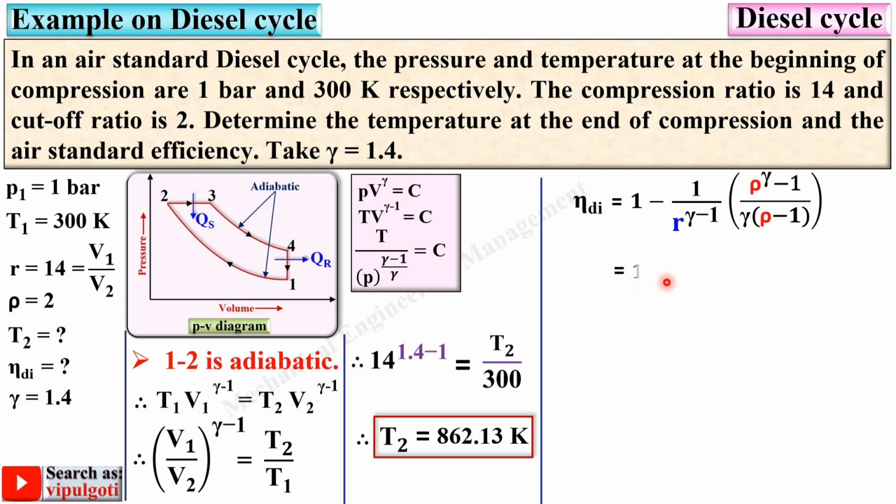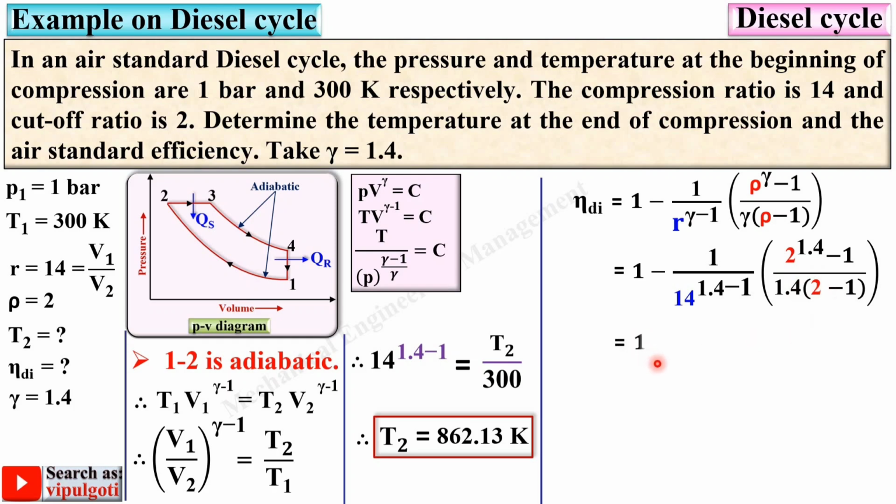So 1 minus as it is, r is given to you as 14, gamma is also given to you as 1.4, rho, means cutoff ratio, is also given to you and the rest of the part you can understand. Now simplify this equation. Suppose I am going to simplify this one. 1.4 minus 1 means 0.4. Here you can understand 2 raised to 1.4, that is 2.64. 2 minus 1 means 1.